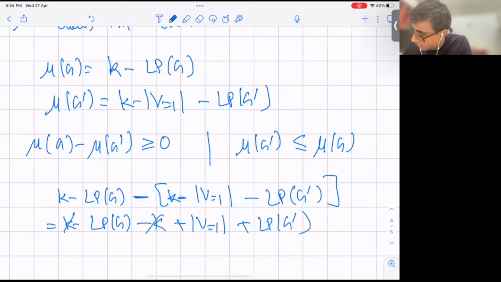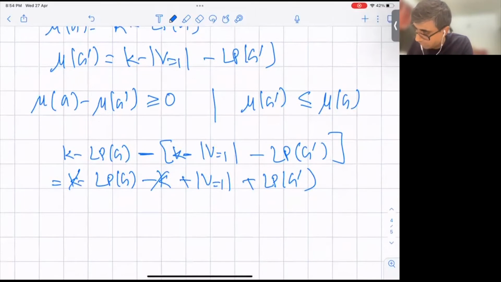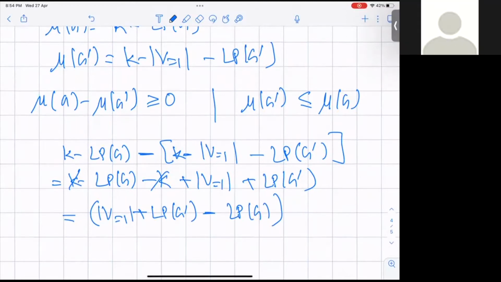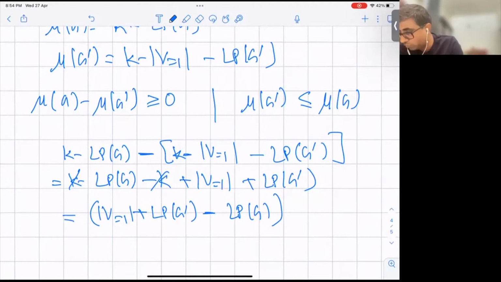So K gets cancelled. Now it is V equal to 1 plus LP of G prime minus LP of G. Is this fine? Okay. And now what we have to show is that this is greater than or equal to 0.